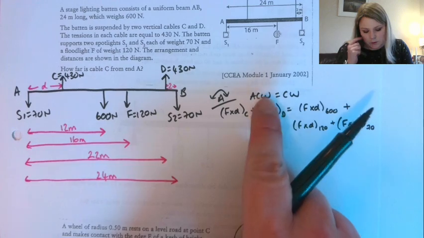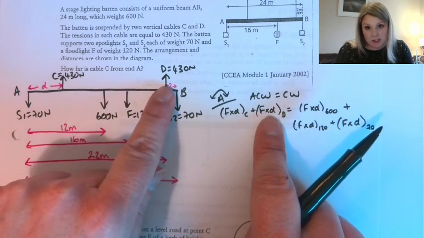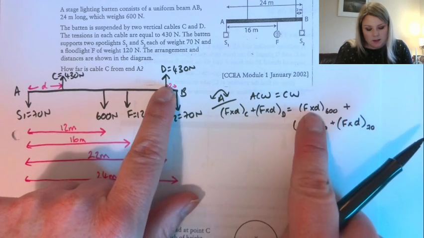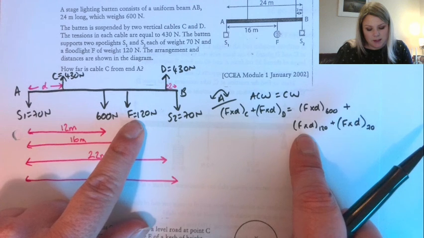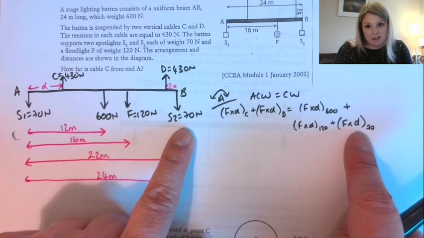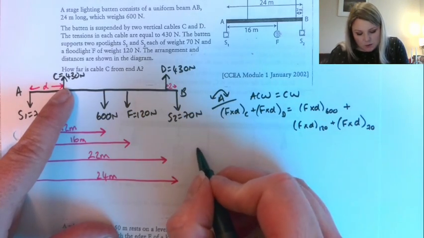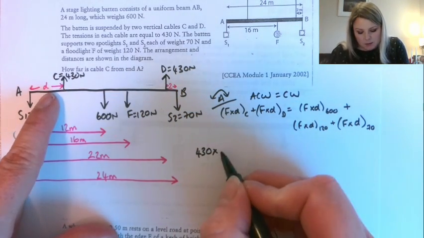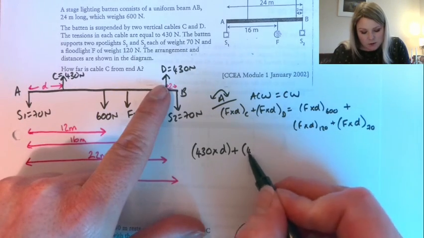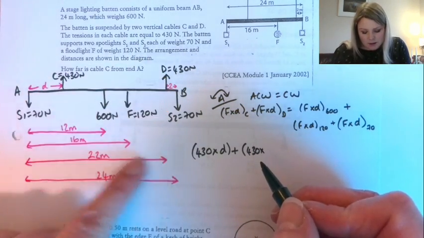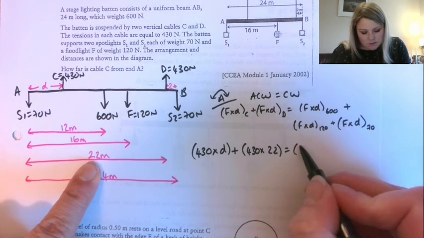Okay, so for my anti-clockwise I've got the force times the distance, the moment for C, plus the moment for D, because there are two anti-clockwise ones. And then for clockwise I've got the moment for the 600, plus the moment for this 120, plus the moment for the 70. So I'm just going to fill in my values there. So C was 430. Distance to the pivot is what we're being asked to find, plus D, 430. Distance it is to the pivot is 22. 600.